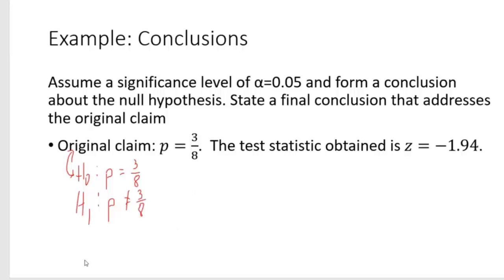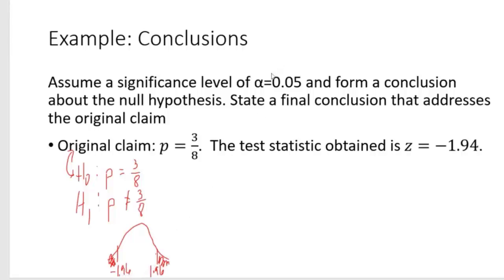Now, if it's not 3/8, you need to consider on the little forms we just showed you, that means this is a two-tailed test. So I have two critical regions over here. Each of these critical regions is cut off by a z-score down at the bottom, and that z-score is not the test statistic. If we have alpha is 0.05, remember that our critical z-score was 1.96 and negative 1.96.